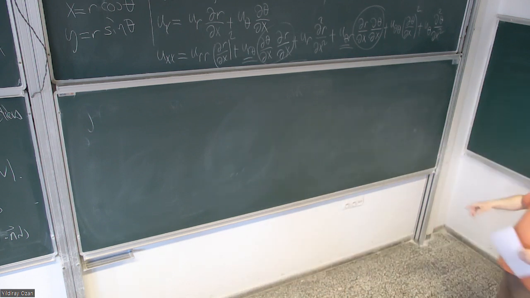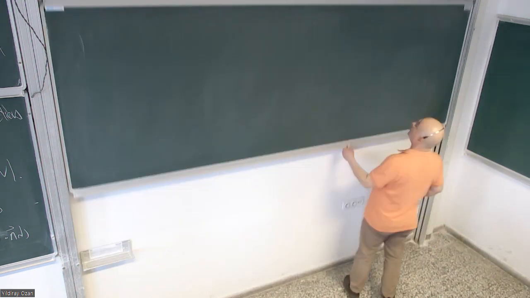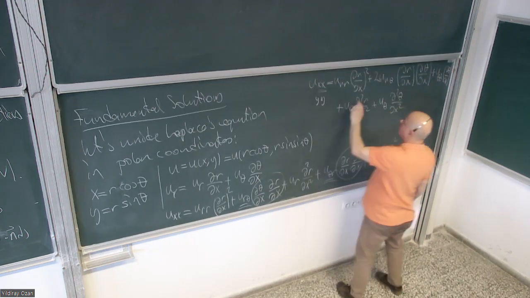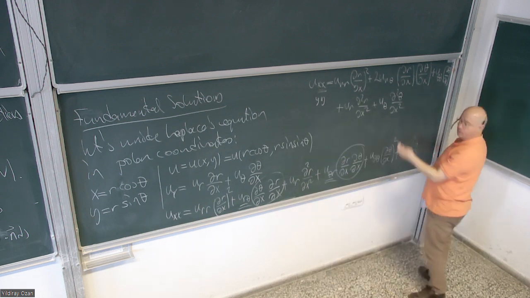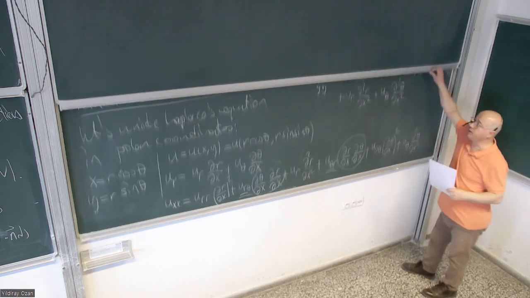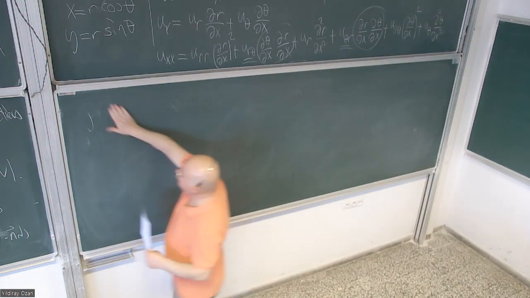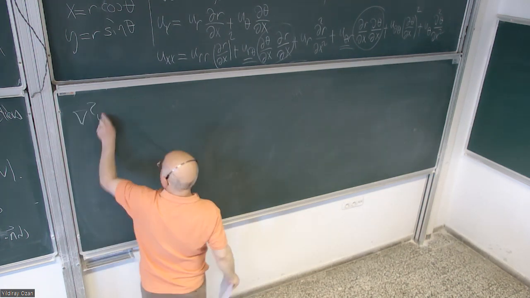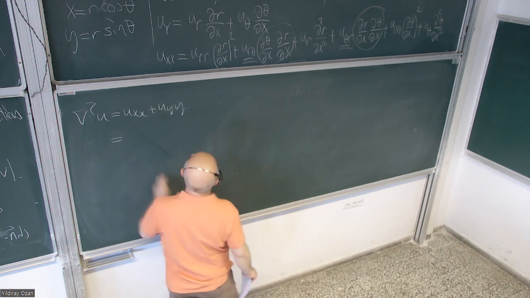Now, what will happen to u sub y? Isn't it clear? What about u sub y? So if I write y here, then all these x terms will be replaced by y, right? Therefore, this is just u sub x plus u sub y. So it will be just what?